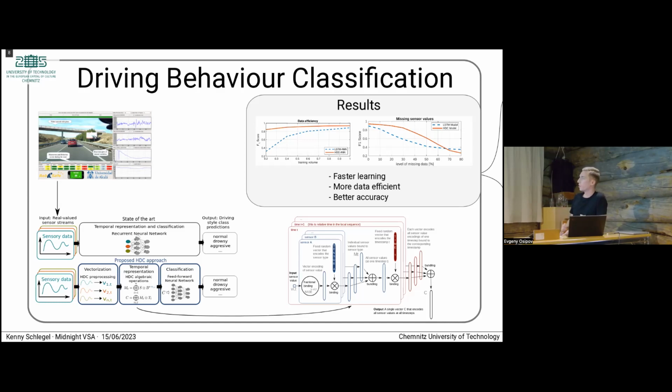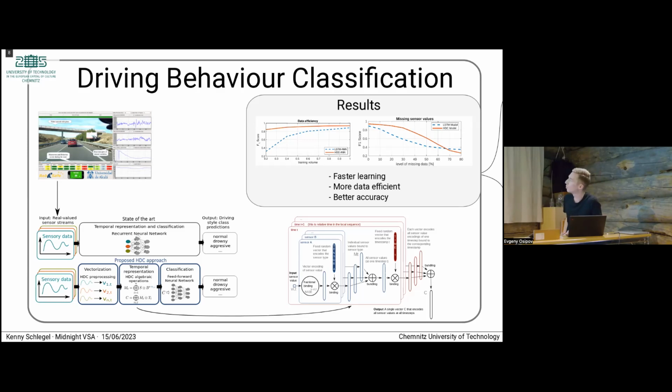Roughly speaking, we used fractional power encoding to transfer the scalar values of the sensors into high-dimensional space, and also used high-dimensional vectors for the timestamp, bound them together, bundled, and got an overall vector for the complete scene, which contains the whole time. We have seen that it's possible to learn faster without the LSTM. It's more data efficient, as you can see on the left graph.